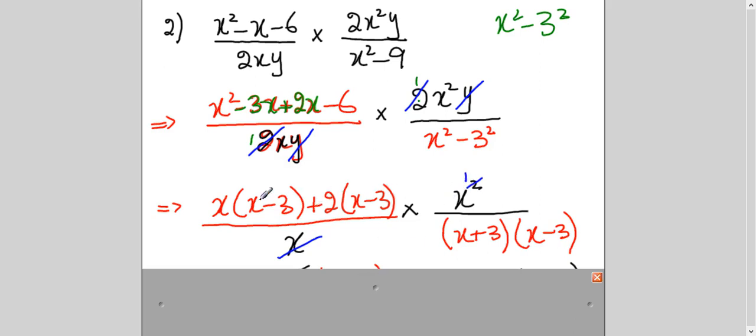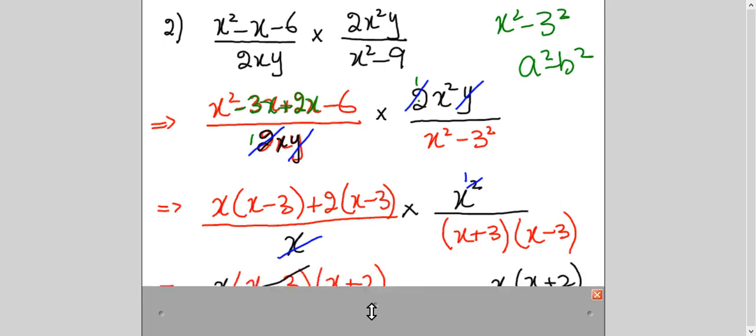So far, whatever we are doing in this numerator is exactly what we have done in the previous video: how to do middle term breakup and then how to factorize it further. And in this last denominator, you see, we are applying the algebraic identity a square minus b square. So at the same time, in 4 places, you are applying either an algebraic identity or doing middle term breakup. This is how you handle algebraic fractions.